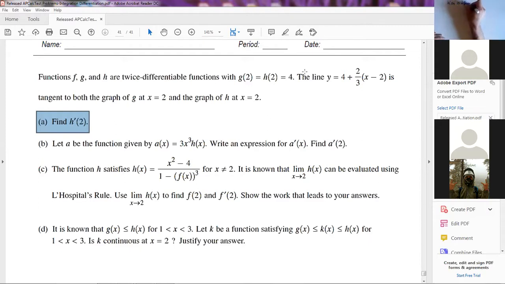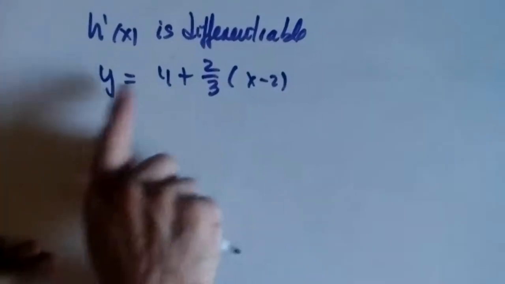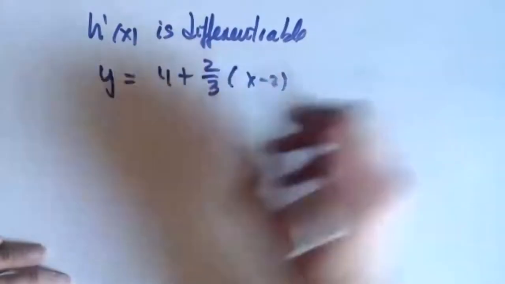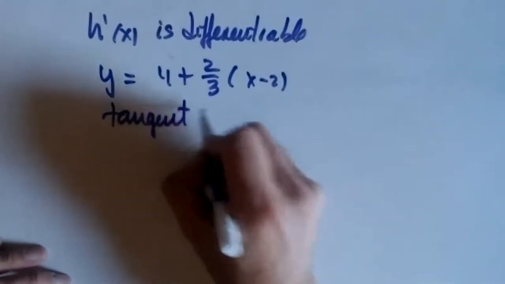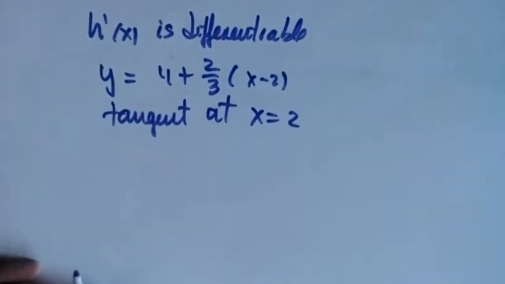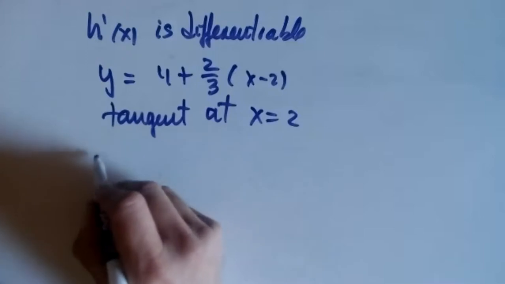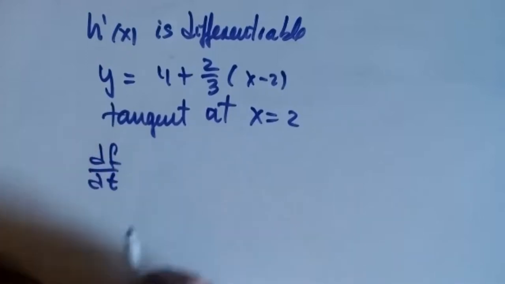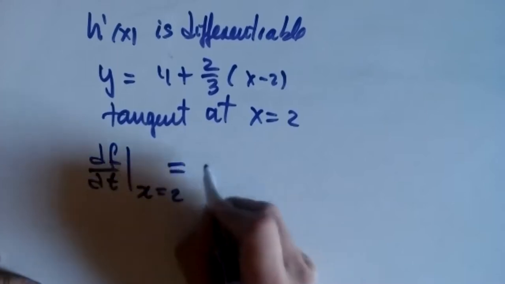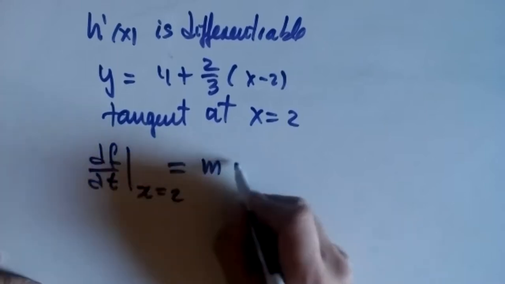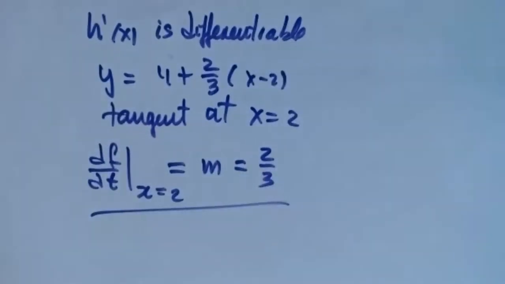Let me just write it here. So y equals 4 plus 2/3 (x minus 2), right? It is tangent at x equals 2. Okay, so this is the equation of the tangent line, correct? So dh/dx at x equals 2 has to be m of the line, that is 2/3, correct?